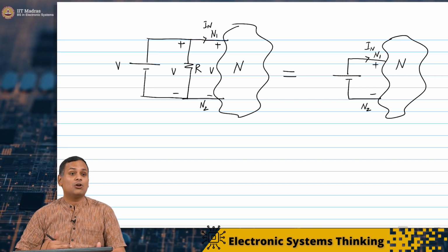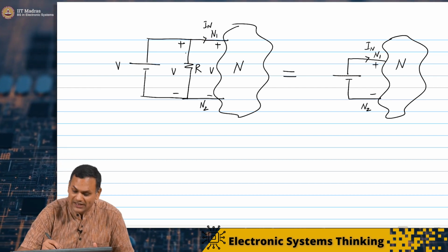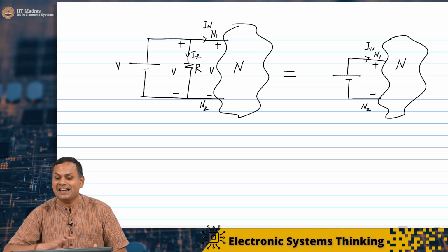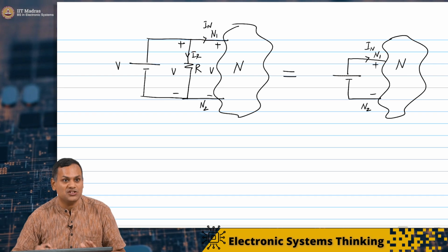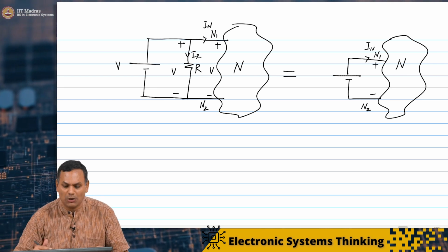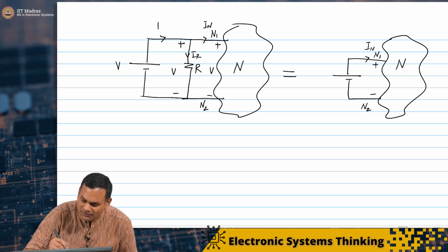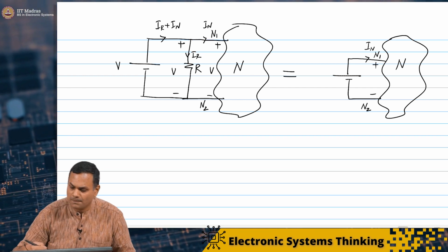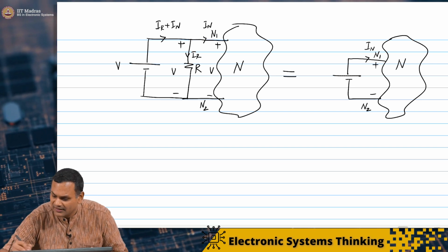Now, the current drawn from the voltage source changes because now I have some current IR, but as far as the network is concerned, nothing changes. This is also a very useful property. The current drawn from the voltage source in the two cases is of course different, but as far as the network is concerned, it is exactly the same.